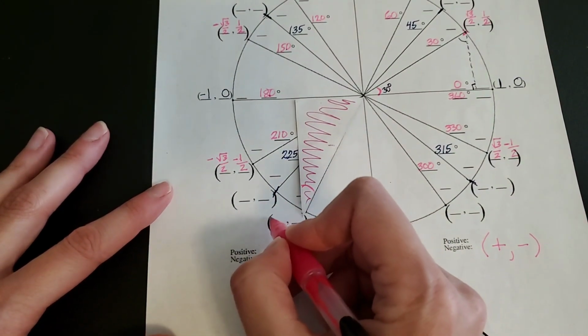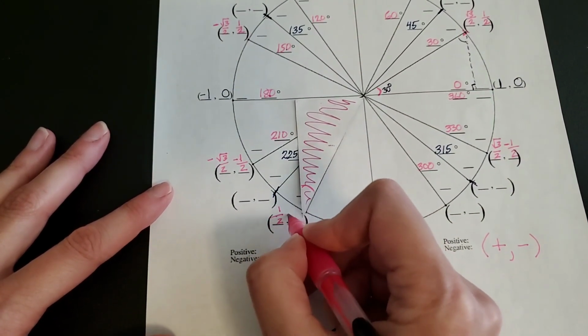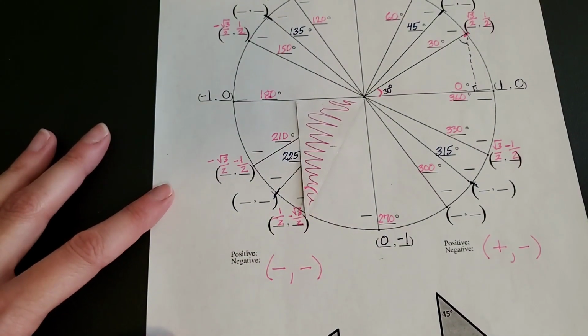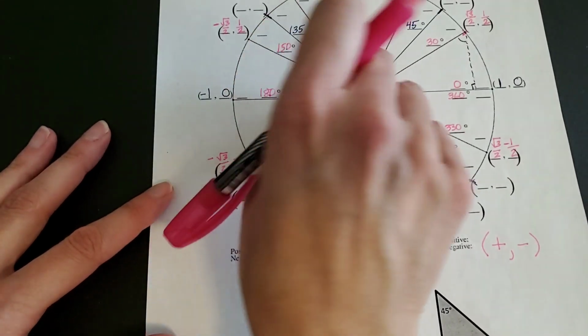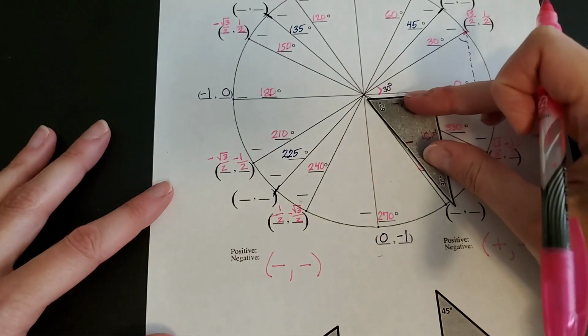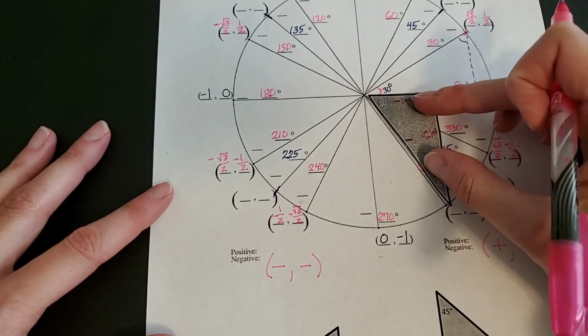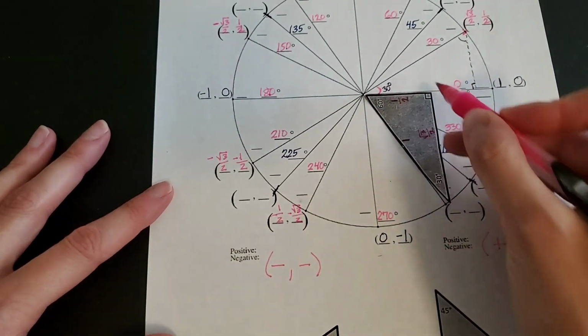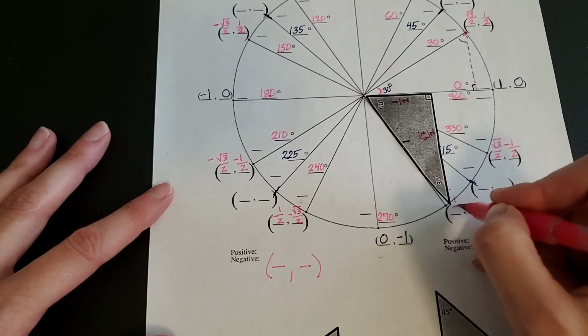Same ordered pair, but both coordinates are negative. And then quadrant 4 at 300 degrees, also 1/2, negative √3/2.